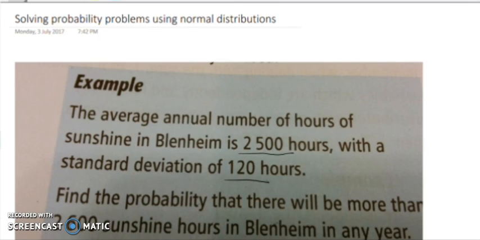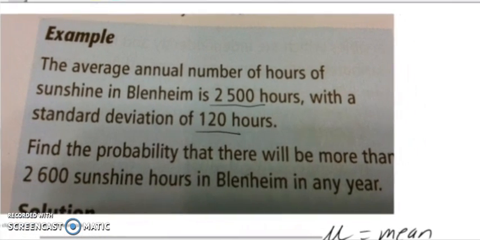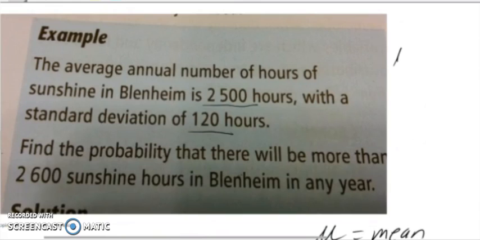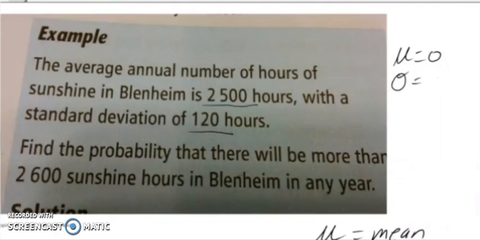So we have to standardize these things and use our formula to standardize it so we can have one table, and in that table the mean will equal 0 and the standard deviation will equal 1. So we're looking at one table for every scenario.